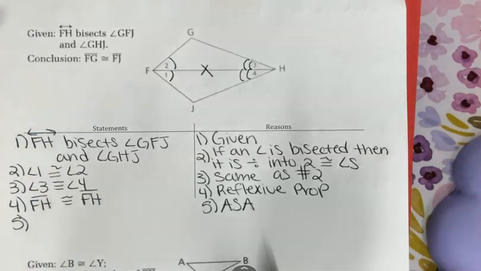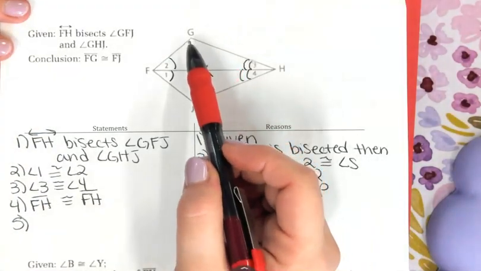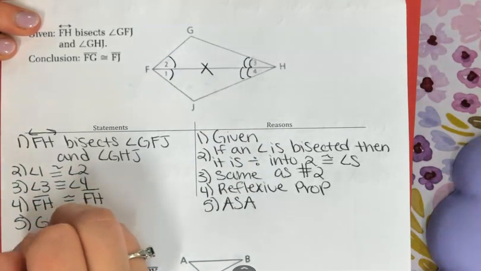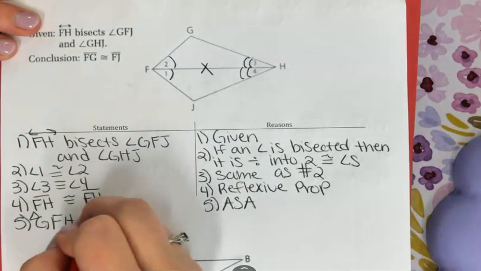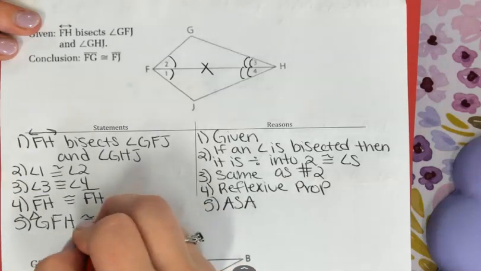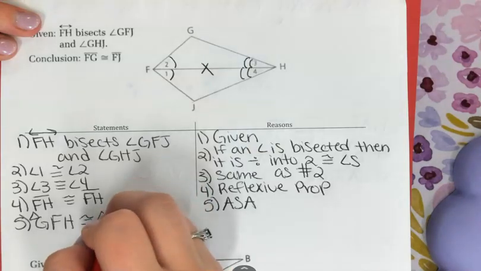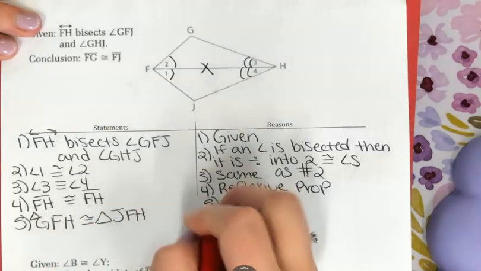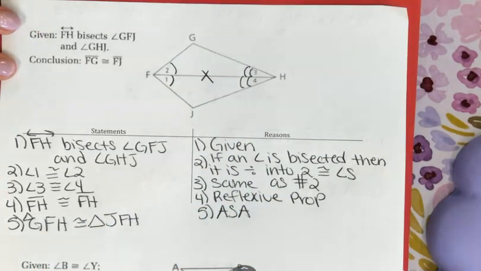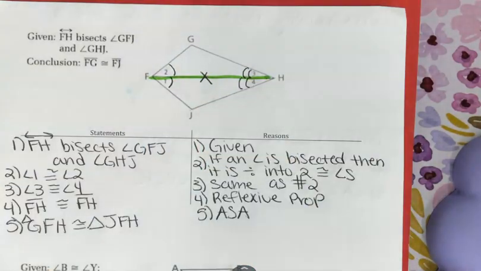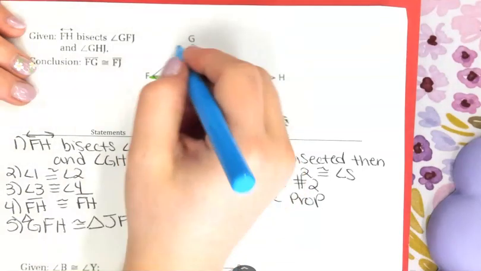So again, with my naming, for the top one, I'm going to go no tick marks, 1 tick mark, 2. So triangle GFH, and I need my triangle symbol, is going to be congruent to triangle, following the same pattern in the bottom, JFH. My reason we already said is angle side angle. So what that means is obviously they're sharing this side, so it's congruent to itself.